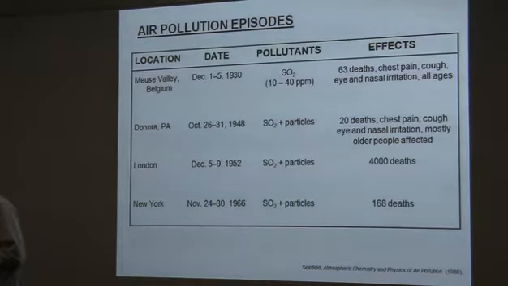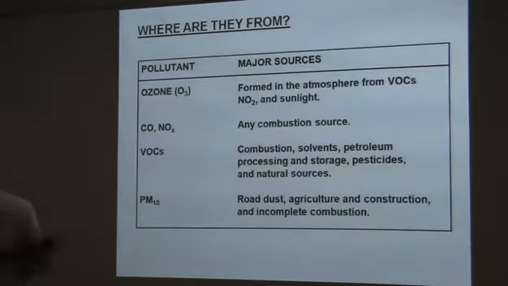So these are the usual characters of the dynamics of air pollution that are actually quite important. We have ozone, which is basically formed as a secondary pollutant from the chemistry of volatile organic compounds and nitrogen oxide.